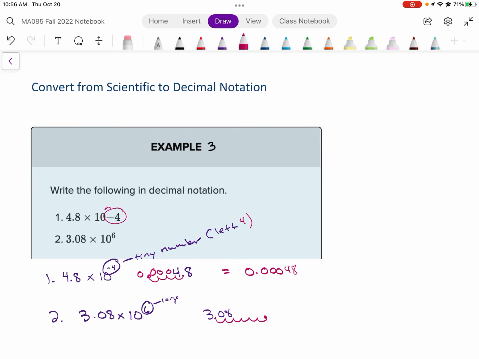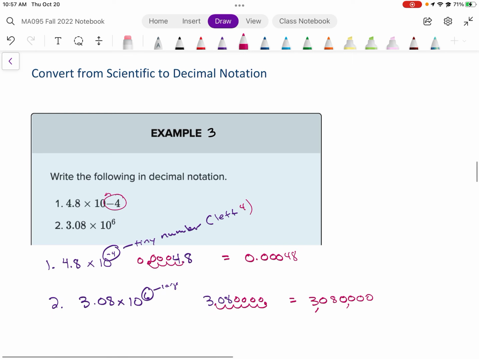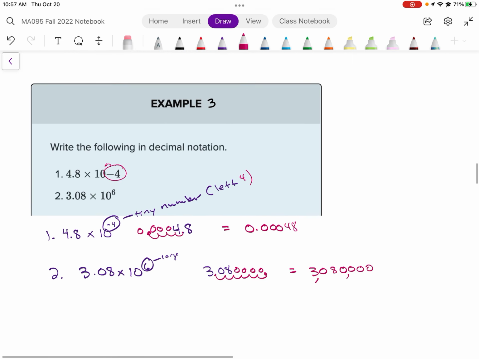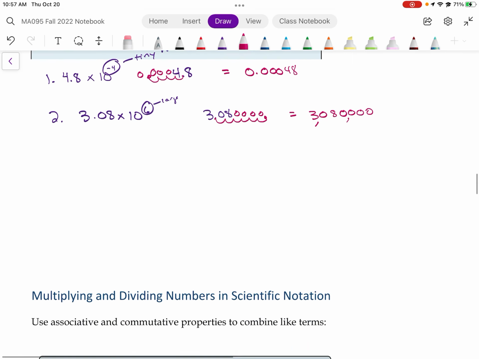There's my new one. Be careful with your bubbles so that you get a 0 in each one. I'm going to have 308 and then 4 more zeros, and then you can go back and put your commas in. So 3,080,000. Okay, so that is going from scientific to decimal notation.